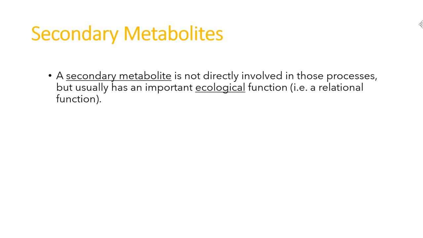A secondary metabolite is not directly involved in those processes, but usually has important ecological functions, that is, relational functions. Primary metabolites are directly involved in your system, while secondary metabolites are not directly involved in growth and reproduction. They are the external affairs.